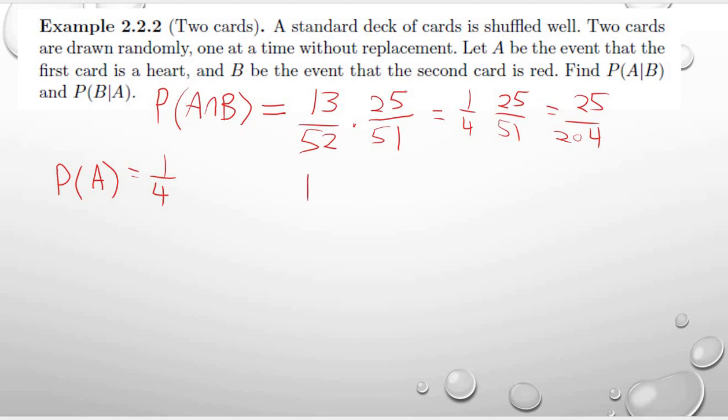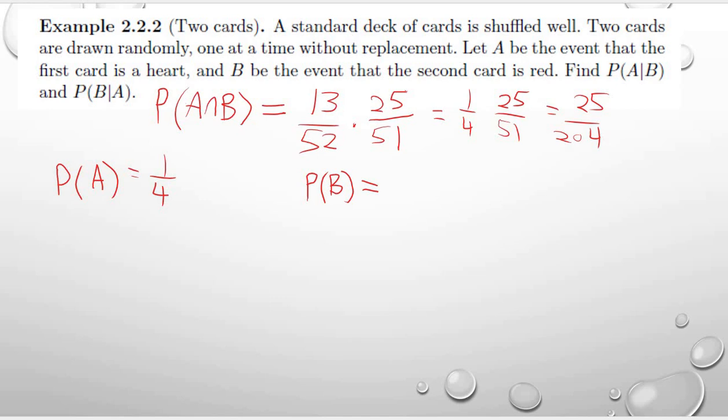Now B, that the second card is red. Well, this one's a little bit tricky because this doesn't say the second card is red given that we've already taken away the first one. I mean, we don't know if A has happened or not. Maybe the first card was a heart. Maybe the first card was a club or a spade, which are the black suits.